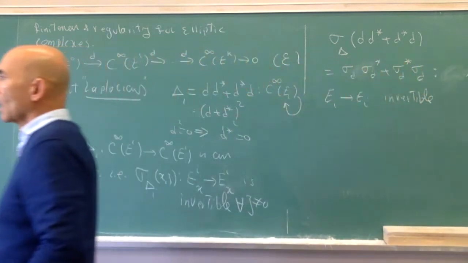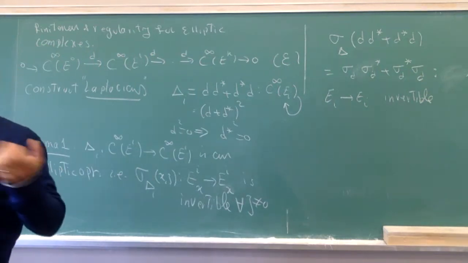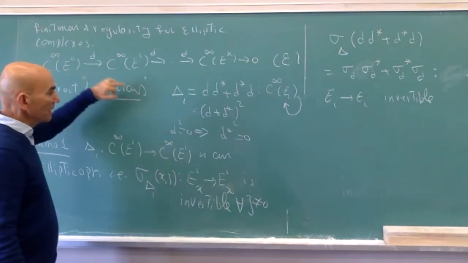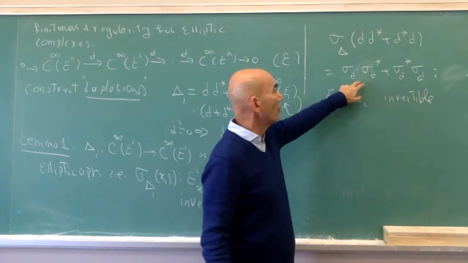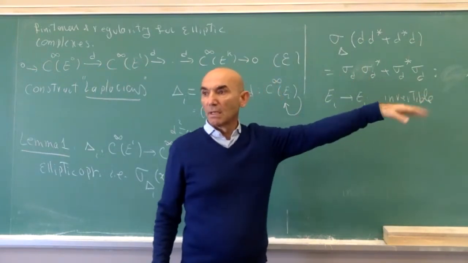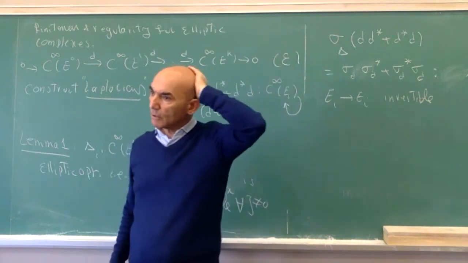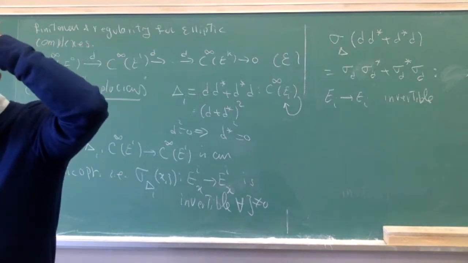And of course, this is not so obvious. Why? Because all we know is that these operators d, I mean these symbols, form an exact sequence. And why, if we do this move, are these operators invertible?